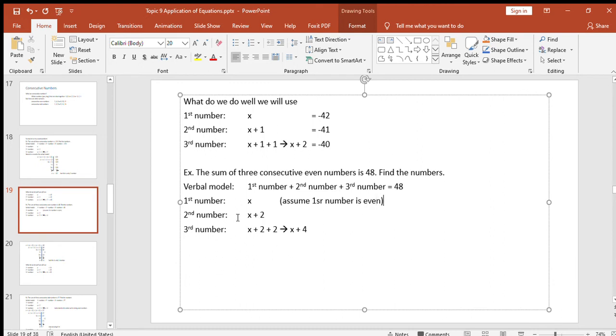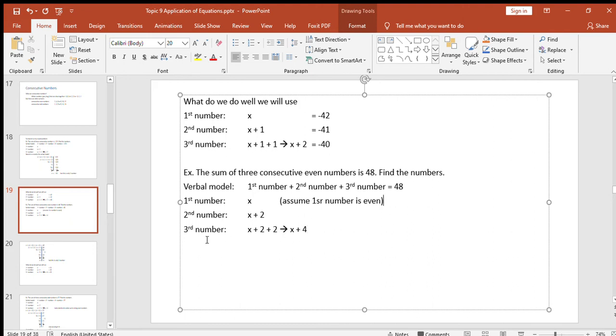So our second number will skip the number next to it, since it's going to be even, odd, even, right? So it's going to skip that odd number. So instead of adding 1, we'll add 2. So it's going to be x plus 2. The same logic for the third number. This is our second number, and we're going to skip the next number after the second number. So it's going to be plus 2, or x plus 4.